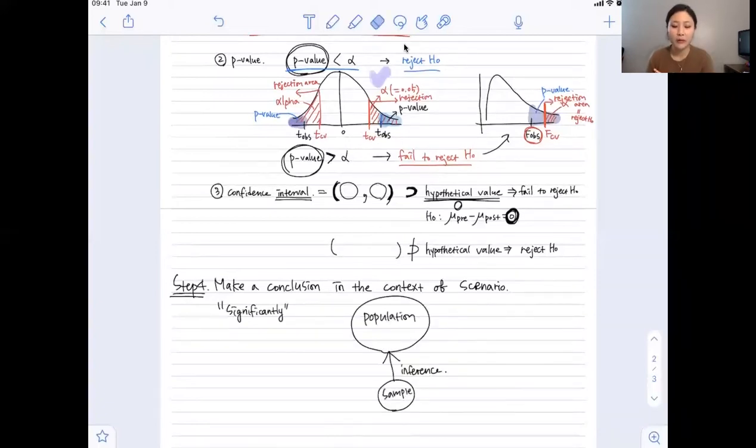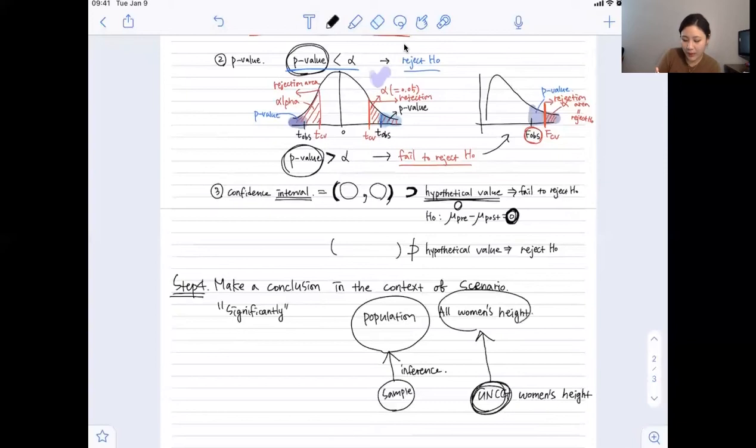For example, I want to know all women's height. Is it possible to measure all women's height all over the world? It might be impossible, right? So we sample only UNCG women's height. We can measure that, and we make an inference from what we have to the population.